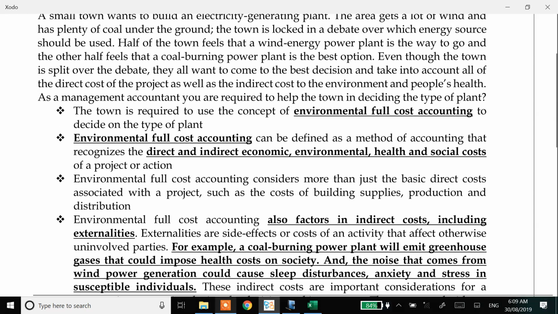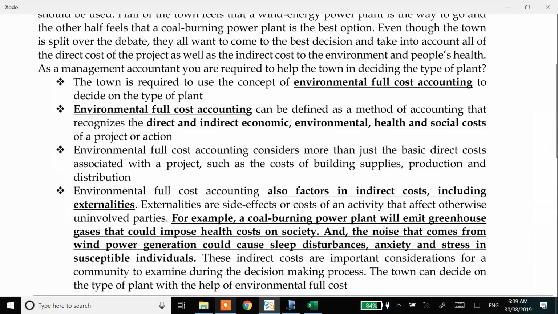The town is required to use the concept of environmental full cost accounting. Environmental full cost accounting can be defined as a method that recognizes the direct and indirect economic, environmental, health and social cost. Economic is profit, environmental is planet, health and social is people. So people, planet and profit get combined here.